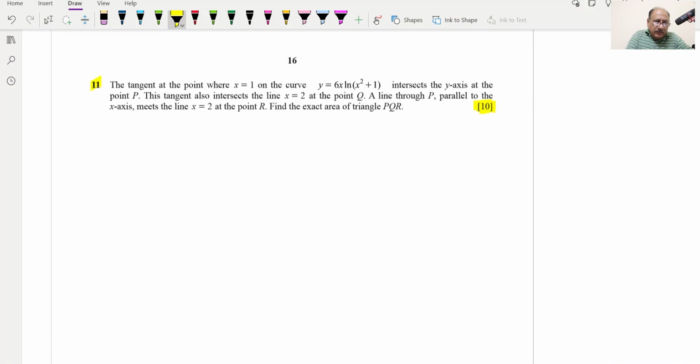They are saying the tangent to the point where x is equal to 1 on the curve y is equal to this intersects the y-axis at the point P. This tangent also intersects the line x is equal to 2 at the point Q. A line through P parallel to x-axis meets the line x is equal to 2 at the point R. Find the exact area of the triangle PQR. This is our task. We have to find the area of the triangle.